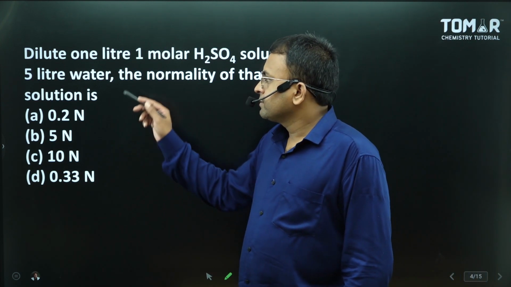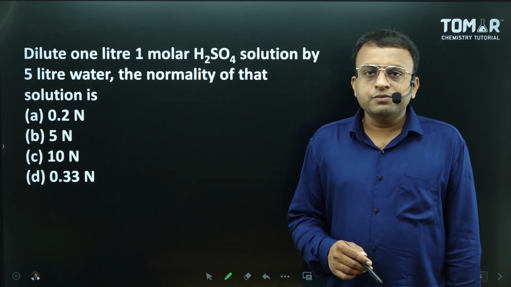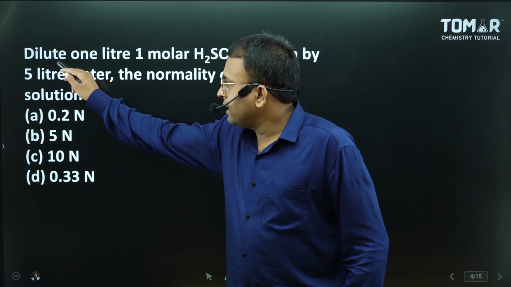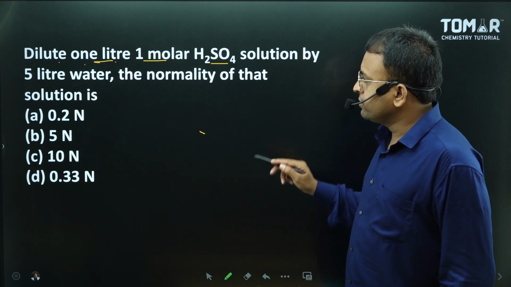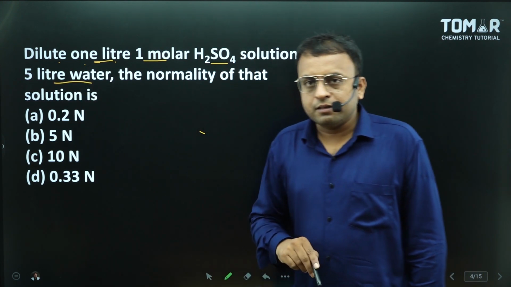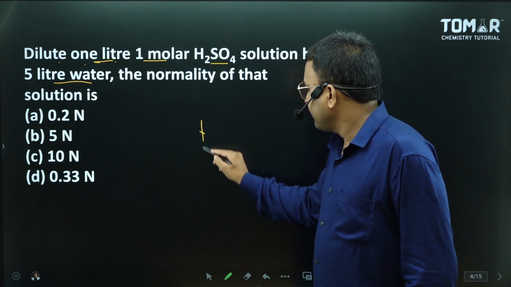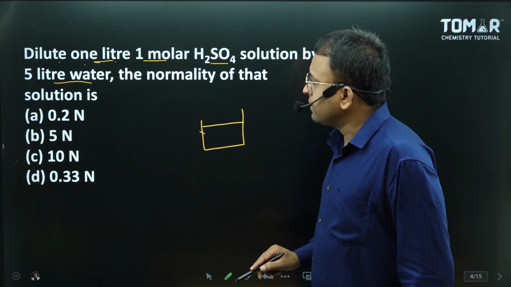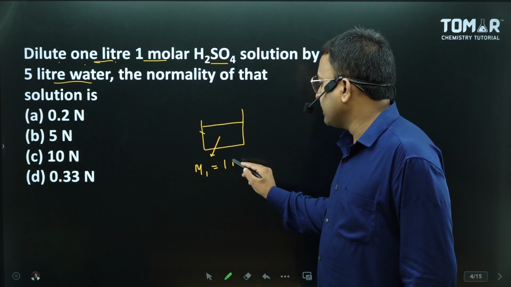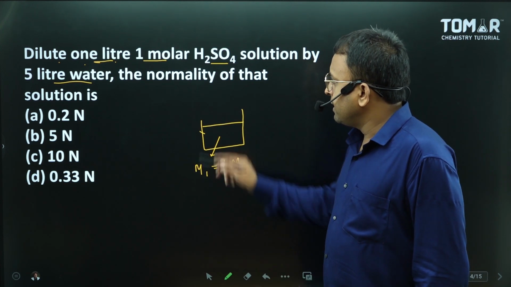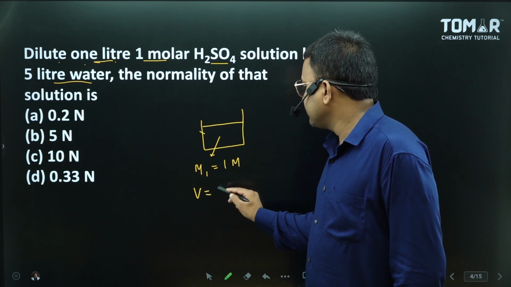Next question. This question is based on dilution of acid. Dilute 1 liter of 1 molar H2SO4 solution by 5 liter water. So this is our solution 1. Its molarity M1 is 1 molar and its volume is 1 liter.